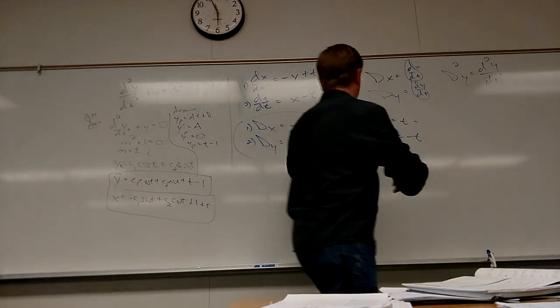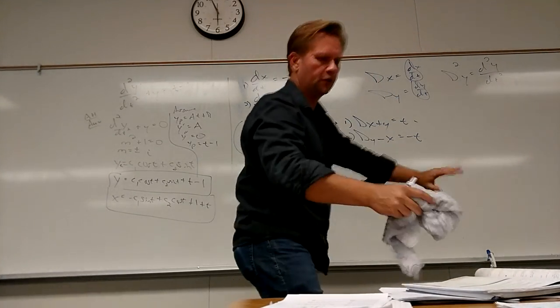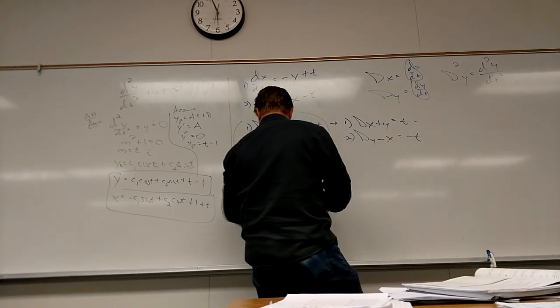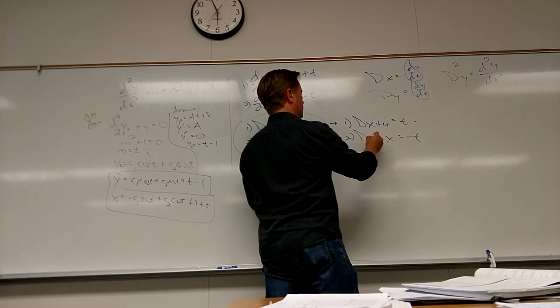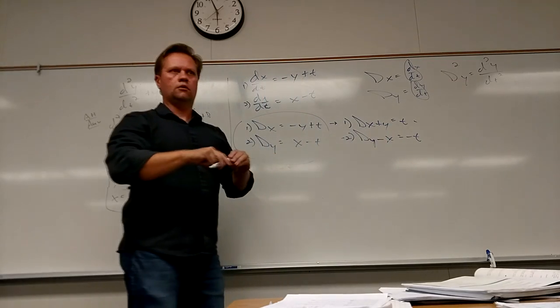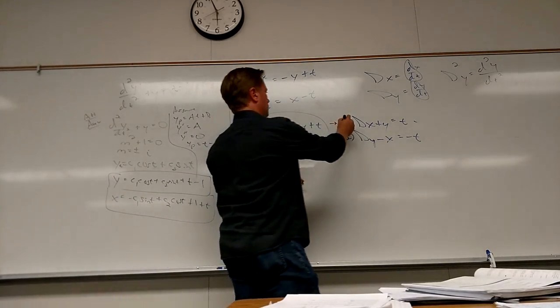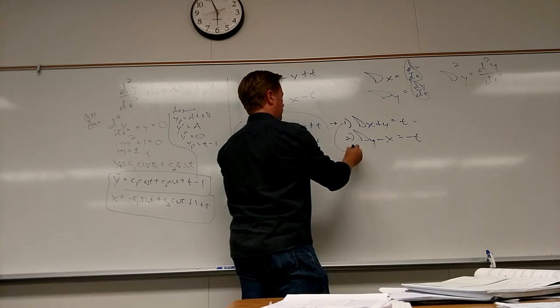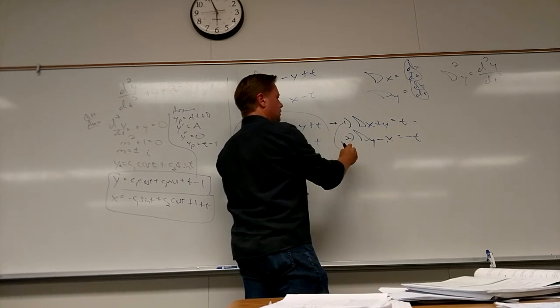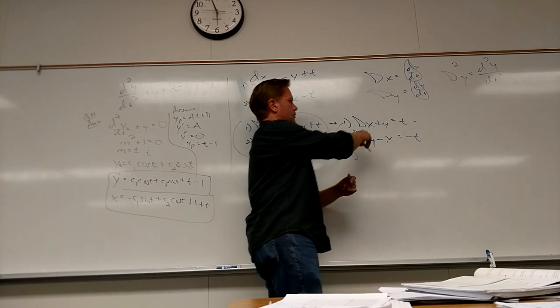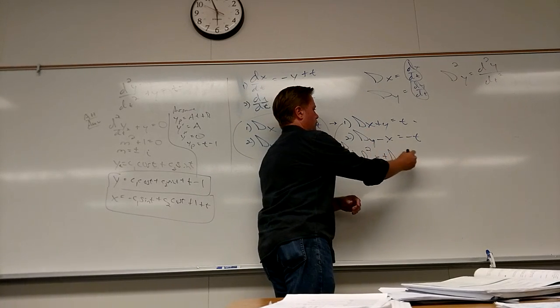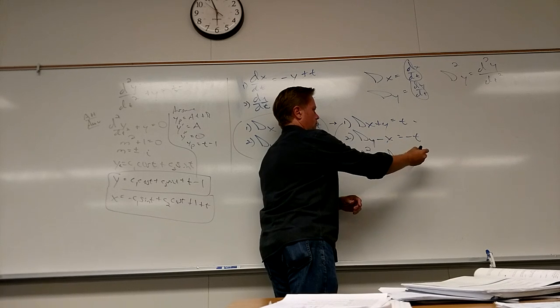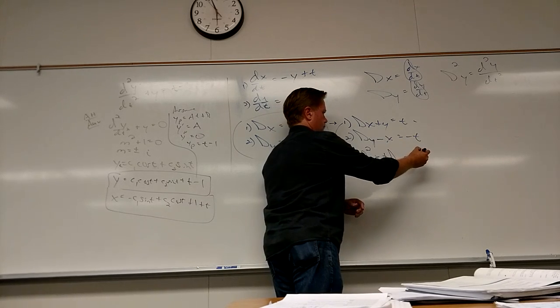So how do I kill y now? What would I do to kill the y's? Take the first one, take its derivative, and that would be d squared x plus dy equals 1.